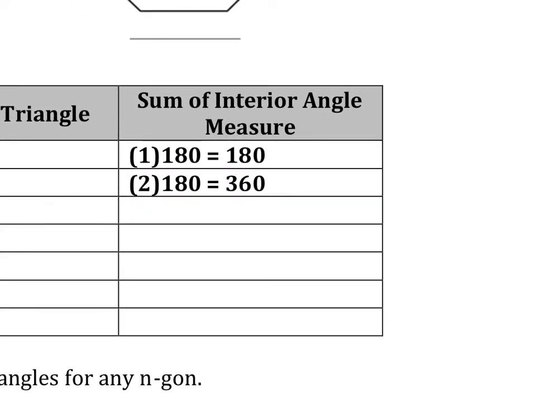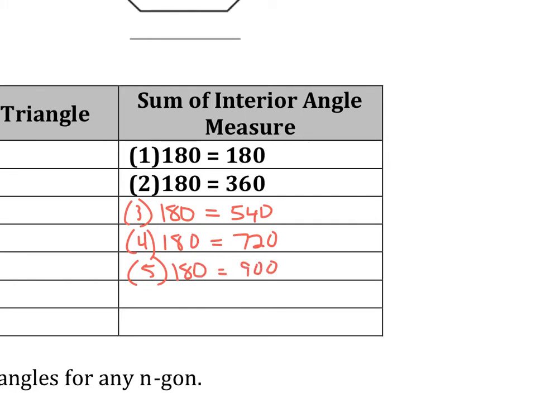And then the angle sum is going to be 3 times our 180, which is 540. 4 times 180, 720. 5 times 180, which is 900.